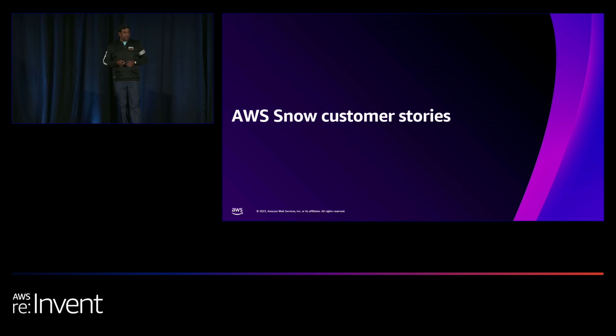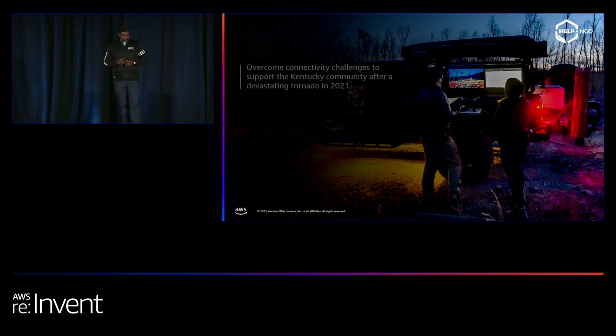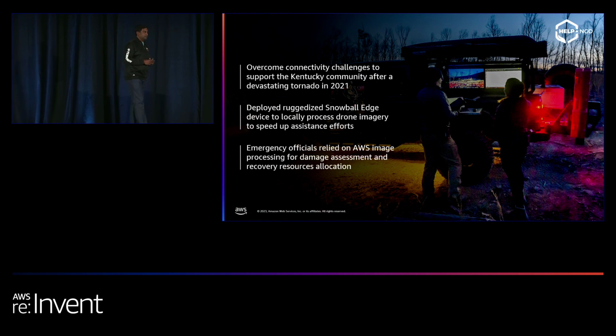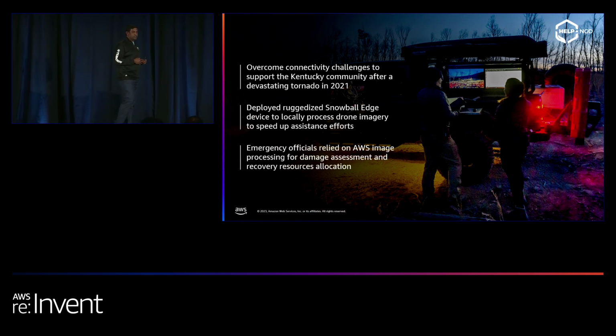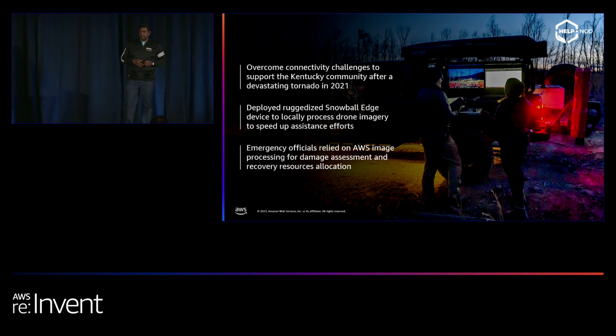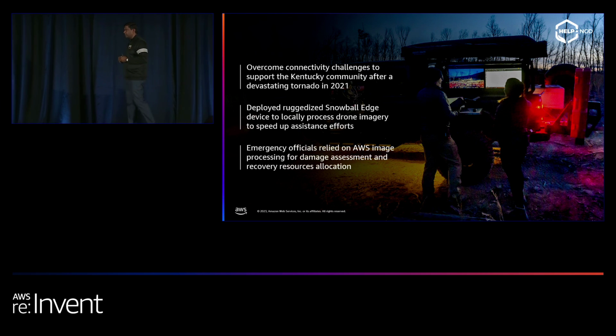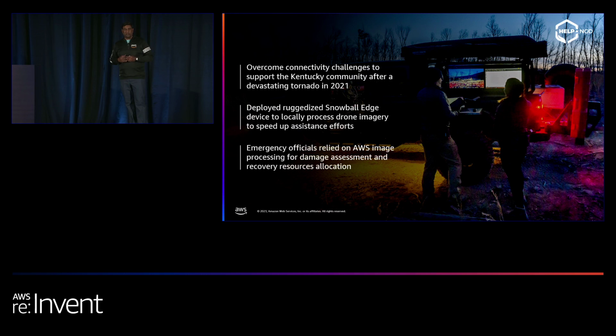So I'm going to wrap up with a few customer examples. The first one is the AWS disaster recovery team collaborating with our partner and customer help.ngo to really bring the capabilities of Snow, the disconnected operation, to help first responders in disaster recovery areas where there's maybe an earthquake or a tornado or a hurricane, and therefore there is no consistent power supply or network connectivity.